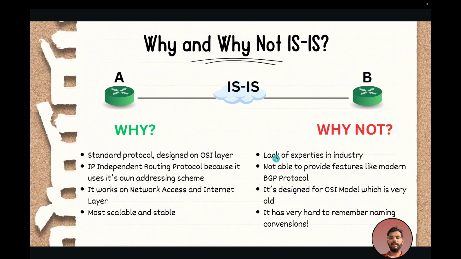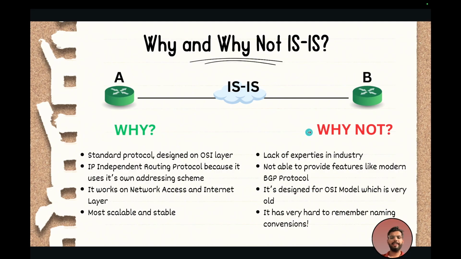Other than that, it is not able to provide features like modern BGP, because it is not designed to be a feature rich routing protocol. If we talk about BGP, there are lots of different features other than routing that we can use with BGP, right? Then it's not designed for the TCP/IP protocol stack because it is designed for the OSI model, which is very old, and people don't use that. So that is also one of the cons of using ISIS.